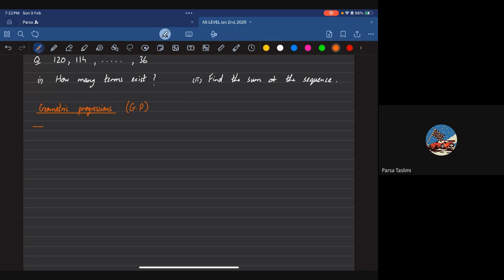If we try to explain to someone what geometric progressions are, it is simply that you multiply by a fixed amount.